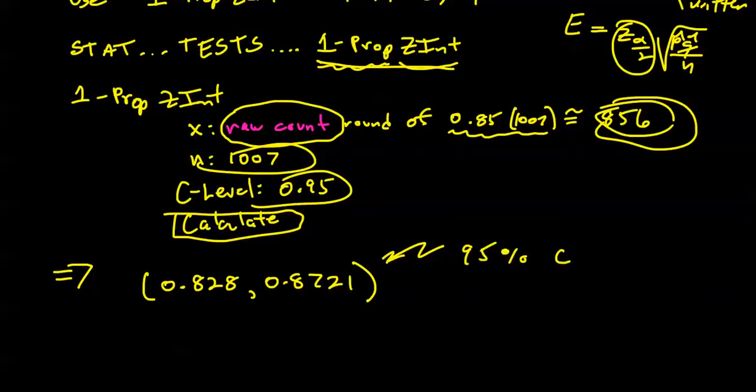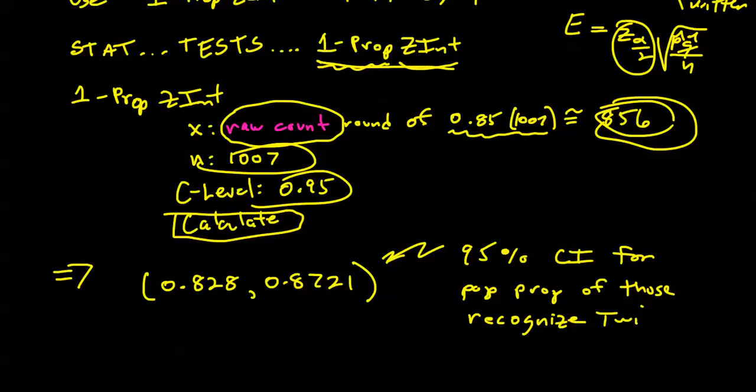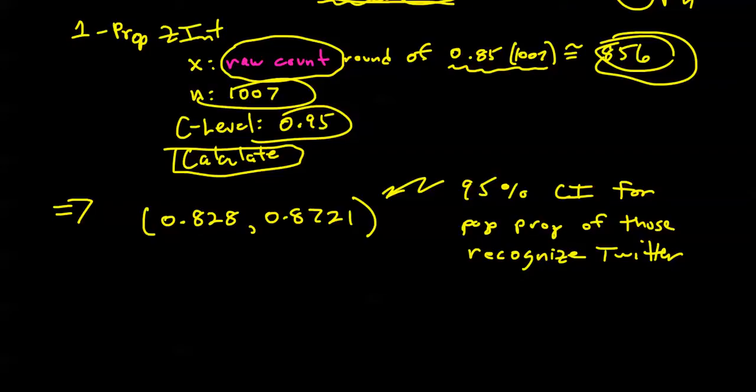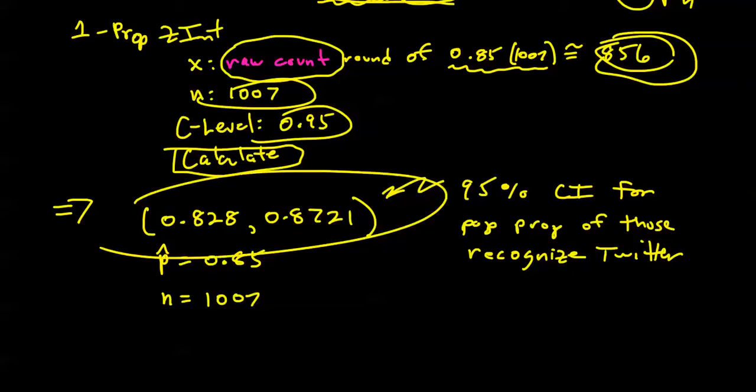It's my 95% confidence interval for the population proportion of those who recognize Twitter. Notice the calculator also gives you the p-hat value, which we already knew was 0.85, and little n, our sample size, 1007. But again, this is what we're going after here, the confidence interval.